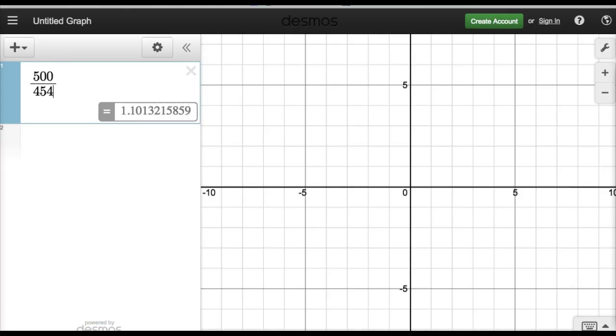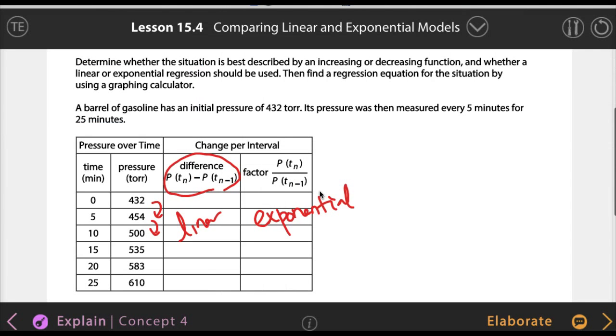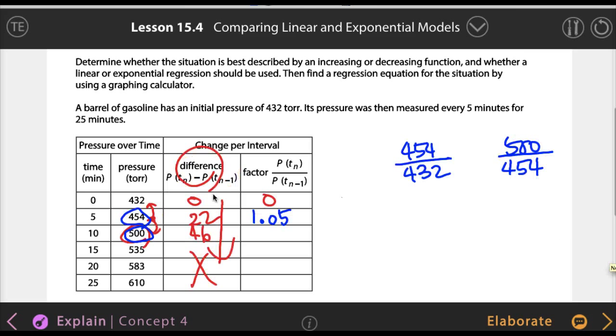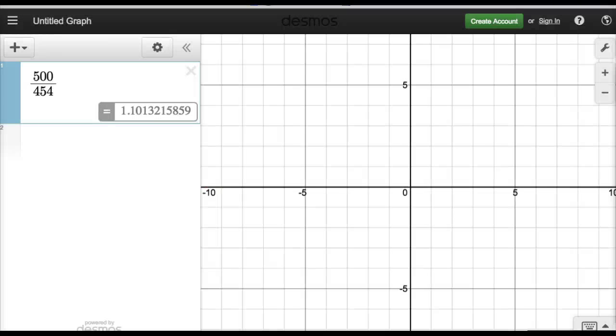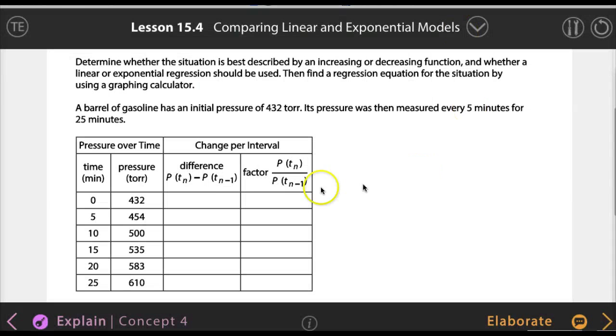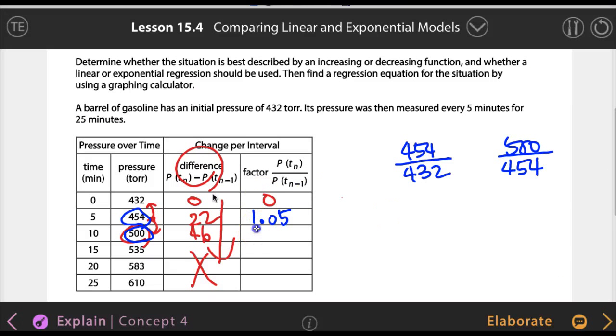Did I do something wrong? That's right, 500 divided by 454. And this time I got 1.10. Uh-oh. So 1.10. Uh-oh, they're supposed to be the same.